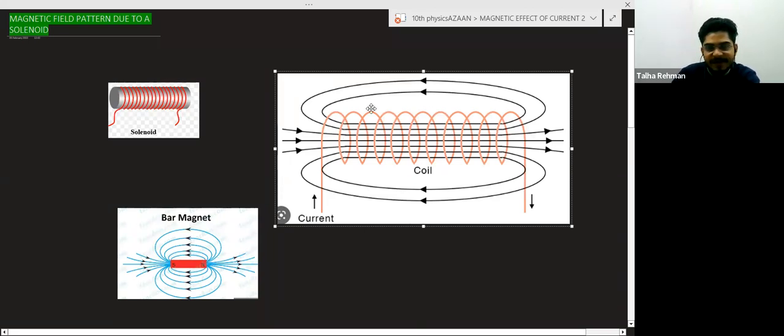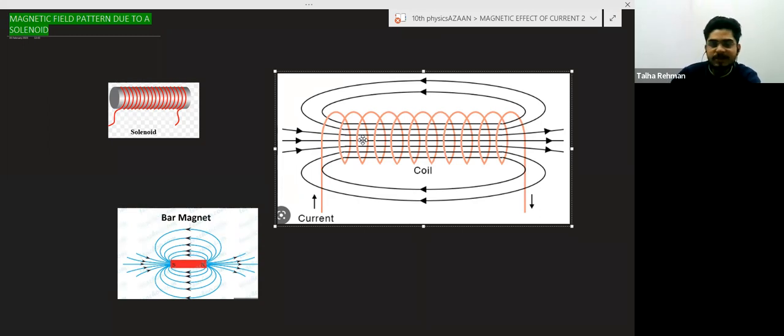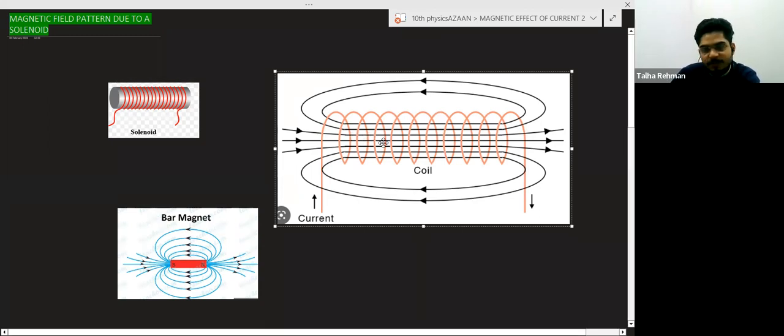This is the magnetic field pattern due to a solenoid. Inside this solenoid, the magnetic field lines are parallel straight lines, and parallel straight lines represent a uniform magnetic field. Uniform magnetic field means at each and every point inside the solenoid you will get the same value of magnetic field.